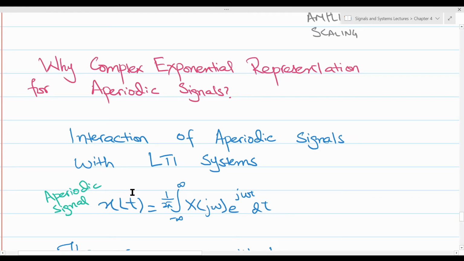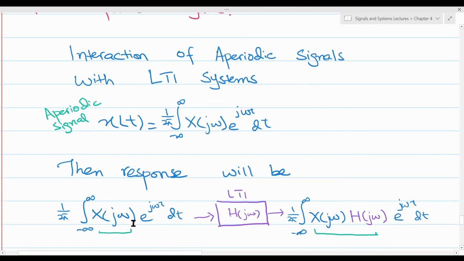Now if the input can take this form here, we want to know what happens if this signal is subjected as an input to the LTI system, and what will be the form of the output. So using the properties of LTI system, here we have the exponentials multiplied by X of j omega and this integral here. And again, the whole integral is multiplied by 1 over 2 pi.